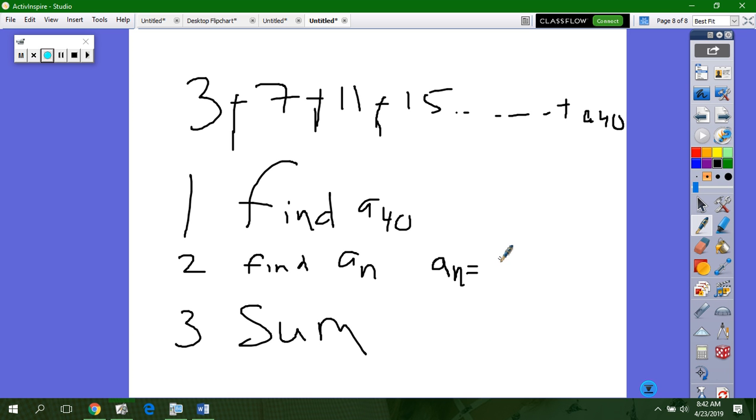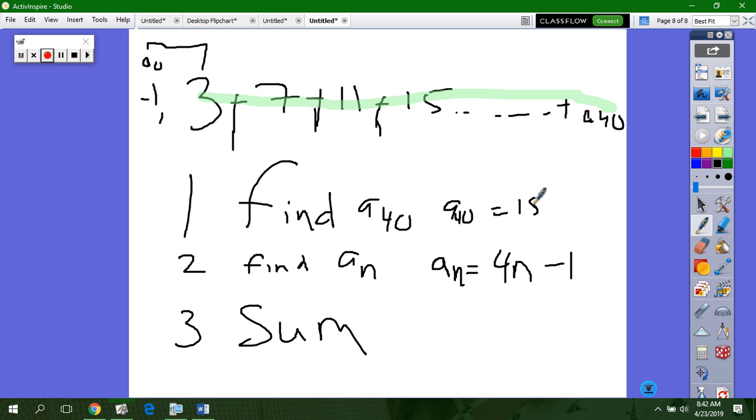So I asked Sander. Sander said it's increasing by 4, so therefore that's our common difference times n. Because I have my first term, I can go back 4, which would be -1, which would be a sub 0, right? Now understand, though, for my sum I'm only using these first 40 terms, correct? Okay, so therefore this would be -1. So what is a sub 40? A sub 40 would be 159. Does everybody understand how I got 159? Any questions on that?